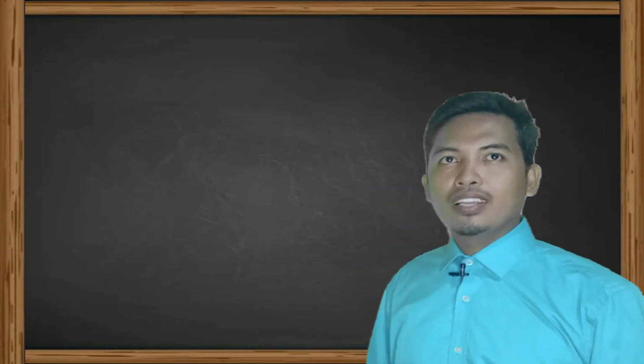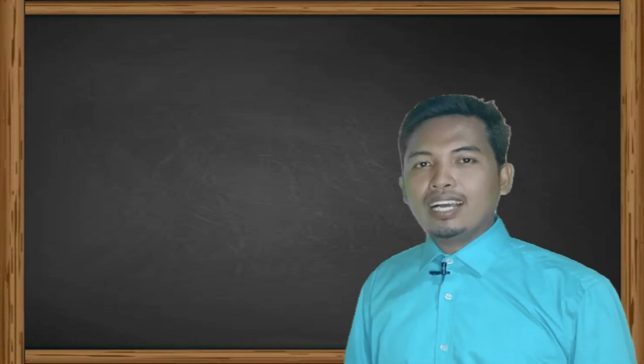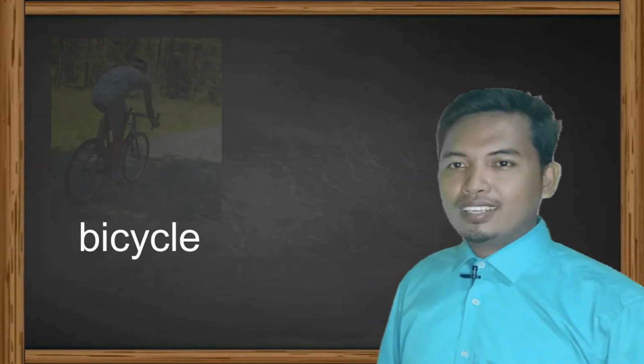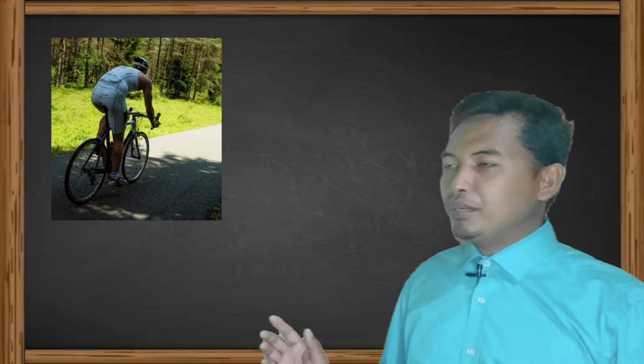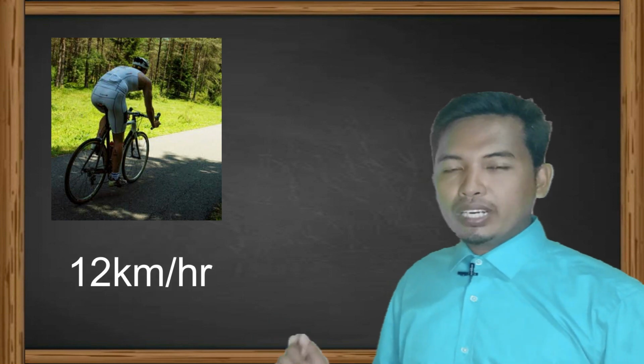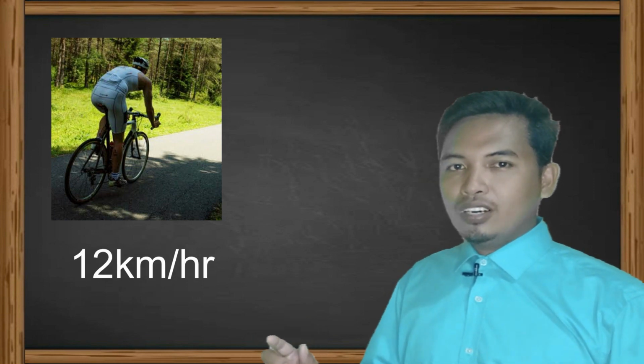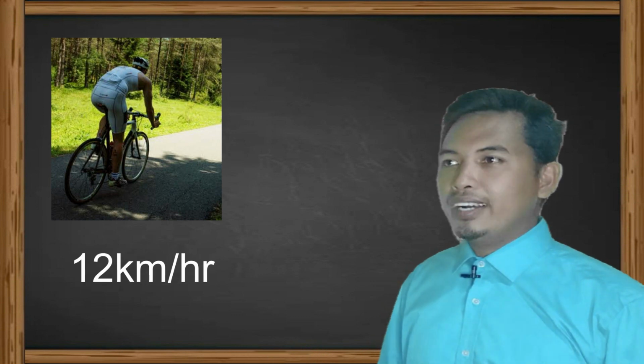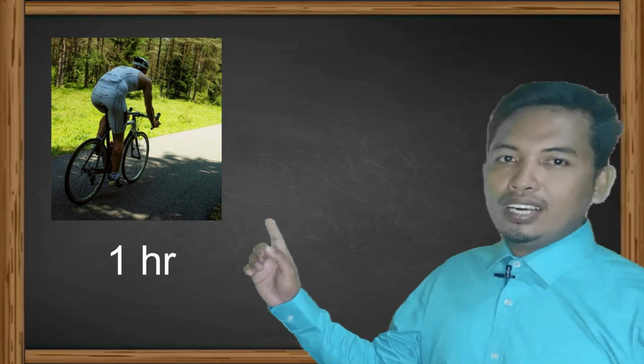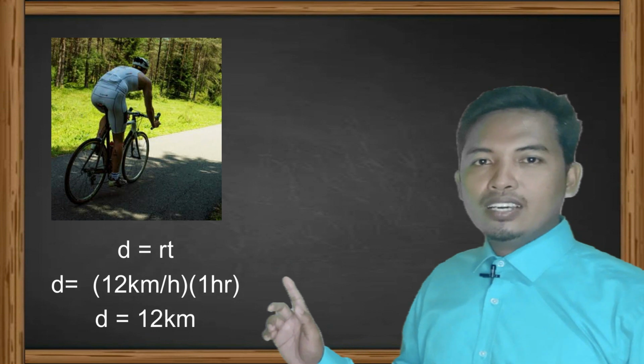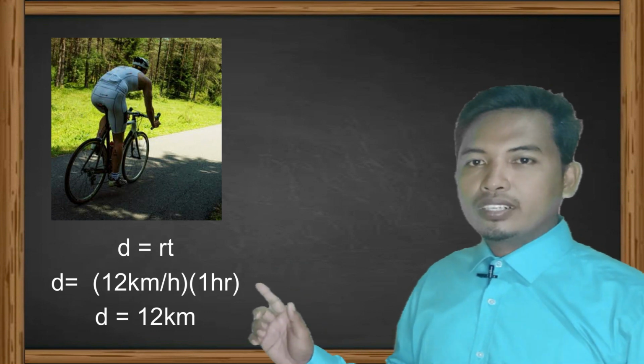Okay, another example. Magta-travel ka. Let's say for example, may isang bicycle. So travel at 12 km per hour. So kapag nag-travel siya with a speed of 12 km per hour, pag nag-travel siya in 1 hour, so makakatakbo siya ng 12 km.